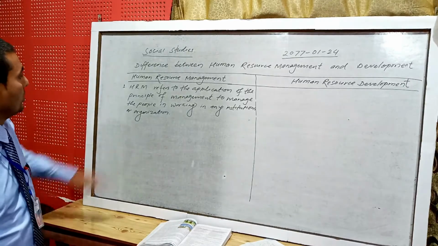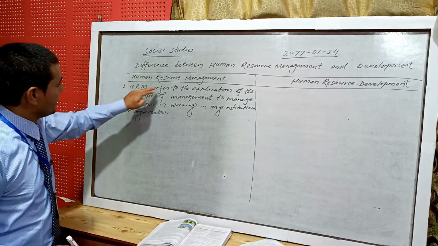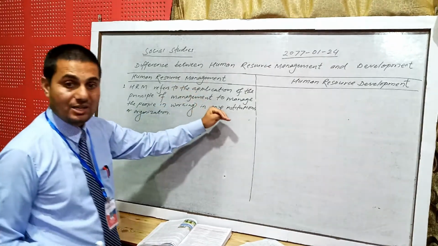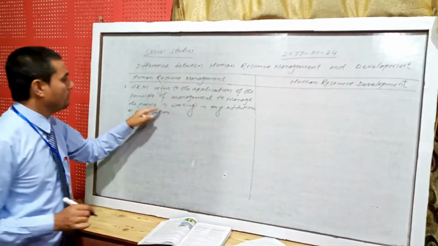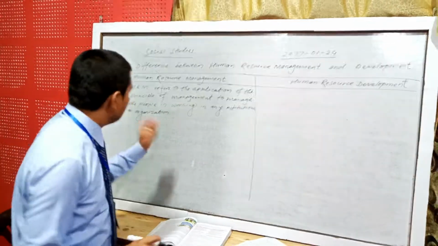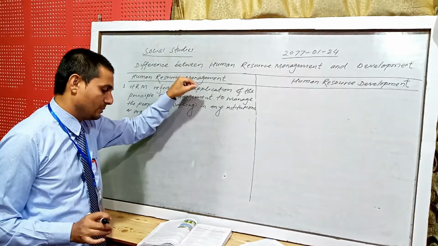Let me explain once more. Human resource management refers to the application of the principle of management to manage the people working in any institutions or any organization. This is called human resource management.